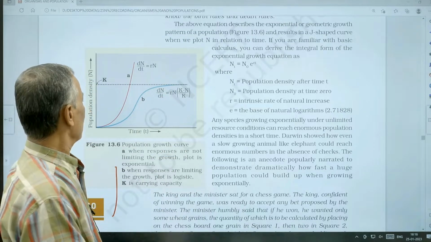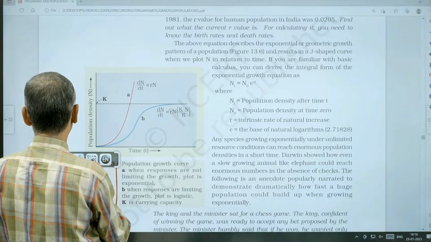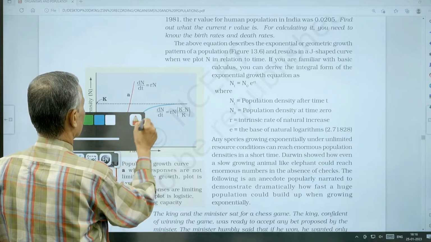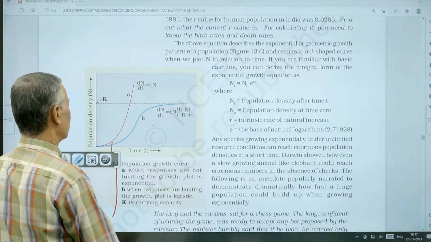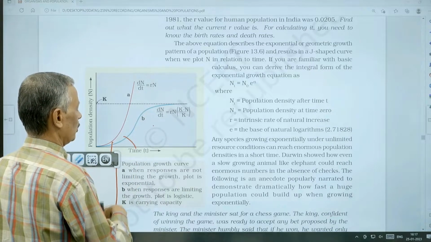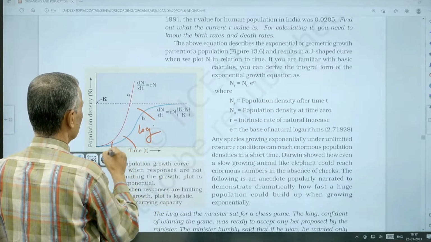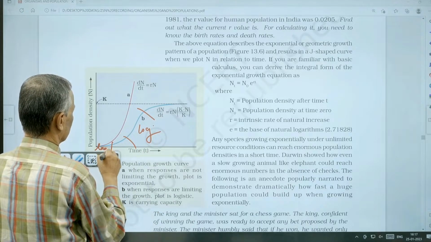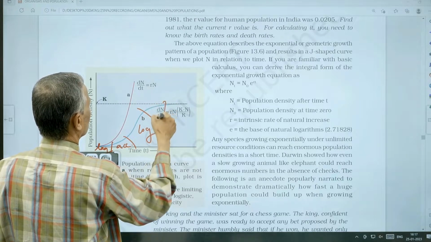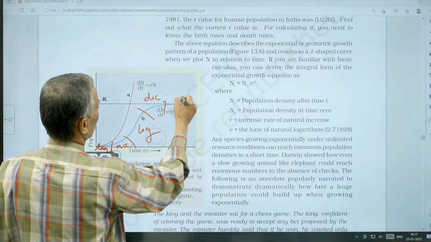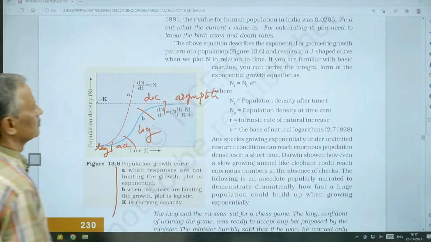growth pattern. So, in this sigmoid, we'll have first a slow growth, the lag phase, then it picks up, it is accelerating, then the log phase, this is the log, this is the lag, acceleration, then it slows down, deceleration, and finally it reaches the asymptote, a steady state.